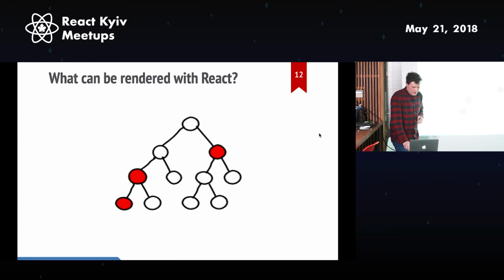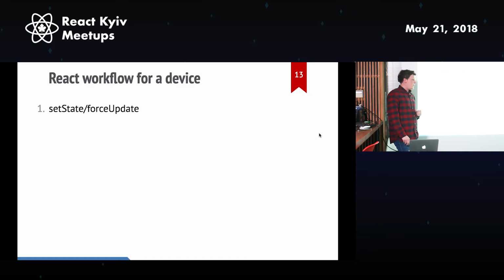OK, so the flow for a device is a lot simpler than for the DOM, for example. What you have to do is just a few steps. When you call setState in your React component, or you call forceUpdate, your big components, like your user components, are actually rendered in the end to, for example, divs in the DOM, or spans, or text, or view components in React Native.